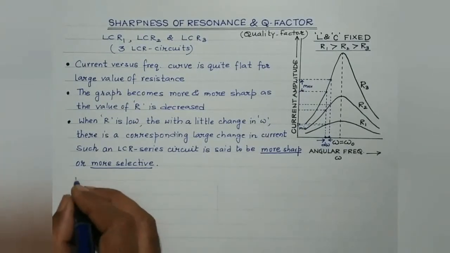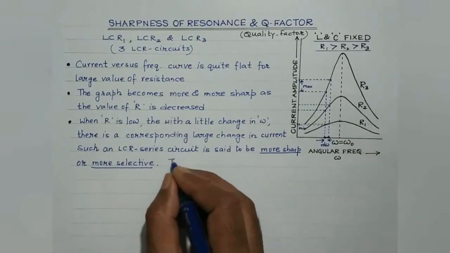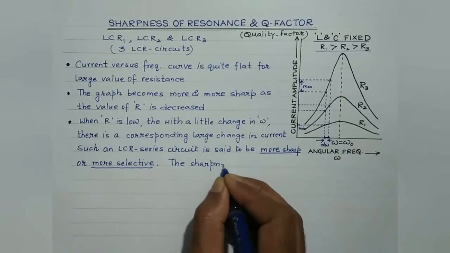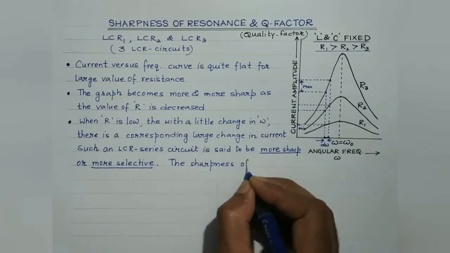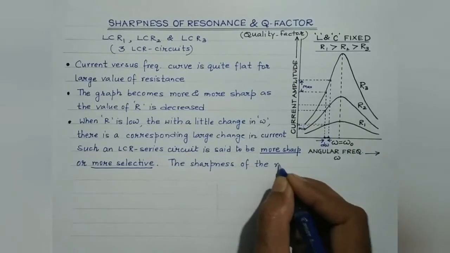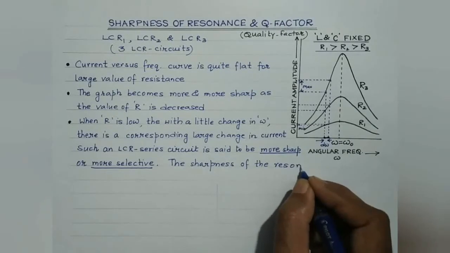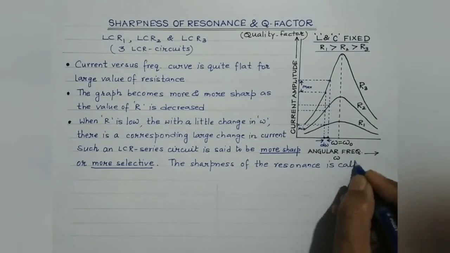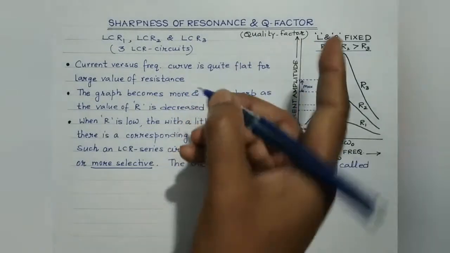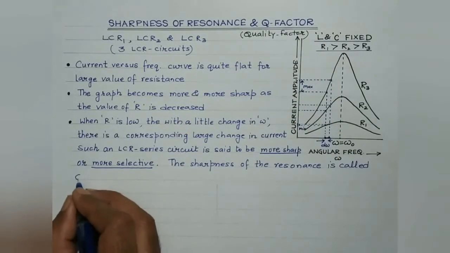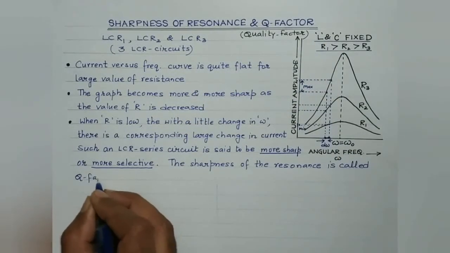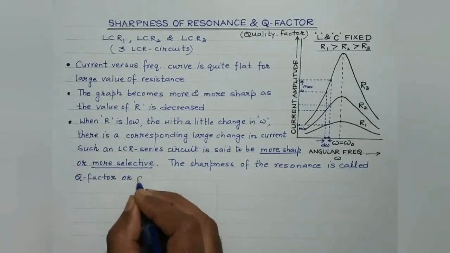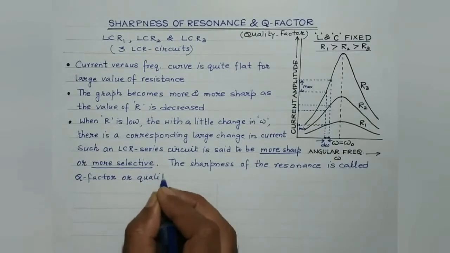So the sharpness of the resonance is called, as I've told you, the Q factor, which is also known as the quality factor.